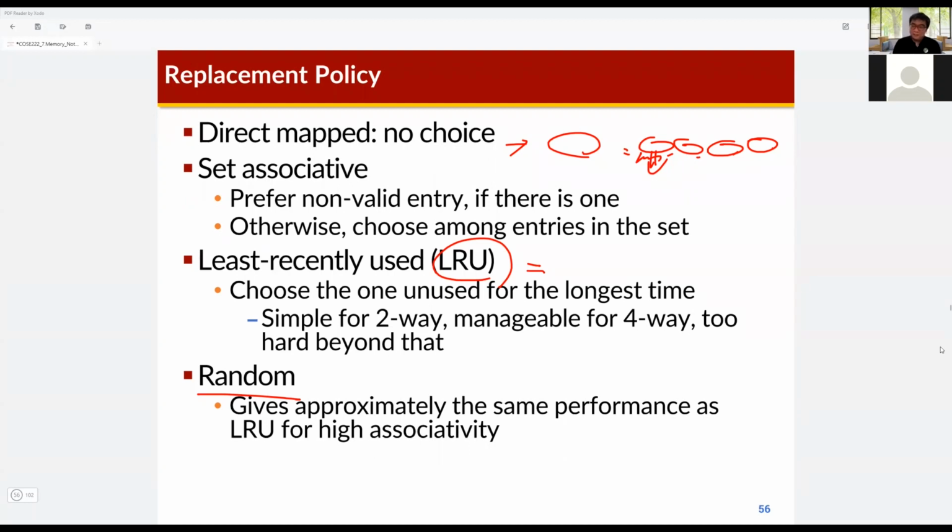This data is evicted from the cache, and new data occupies the cache set. That is the least recently used, LRU, replacement policy. Usually this policy is used in cache memory, but sometimes you can use a random replacement policy.